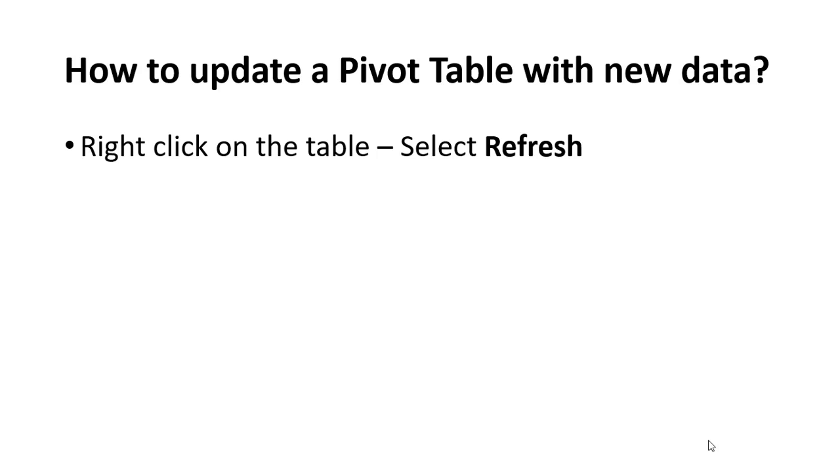All you have to do is, if there is a change in the data set on which you have drawn the pivot table, you go and refresh it. Once you refresh, by placing the cursor in the pivot table, you would see the updated scenario brought into the picture. So that's how we update a pivot table.